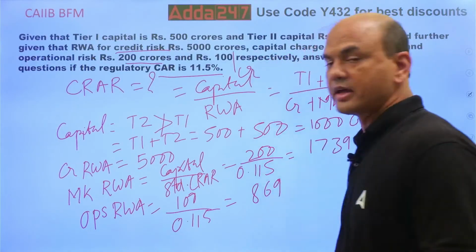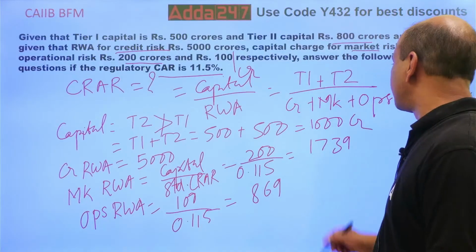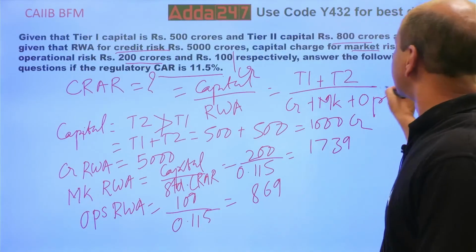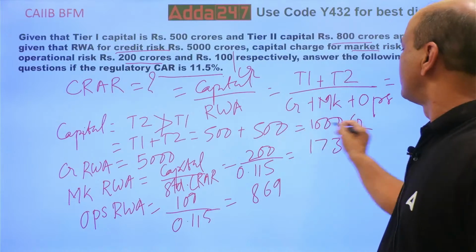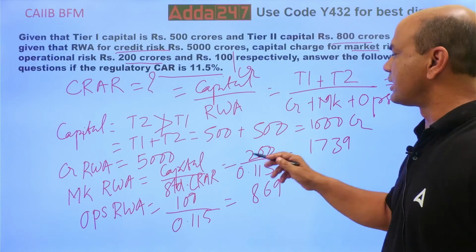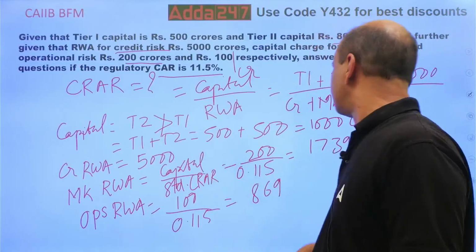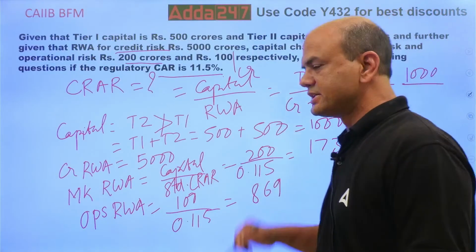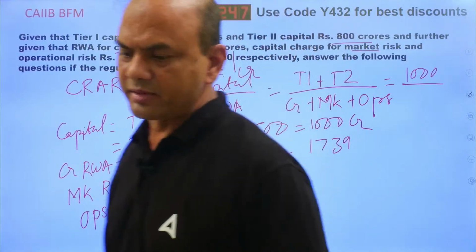869. So what is the CRAR then? CRAR equals T1 plus T2, which is 1000, upon your total RWA: 5000 plus 1739 plus 869. Everyone, try this.